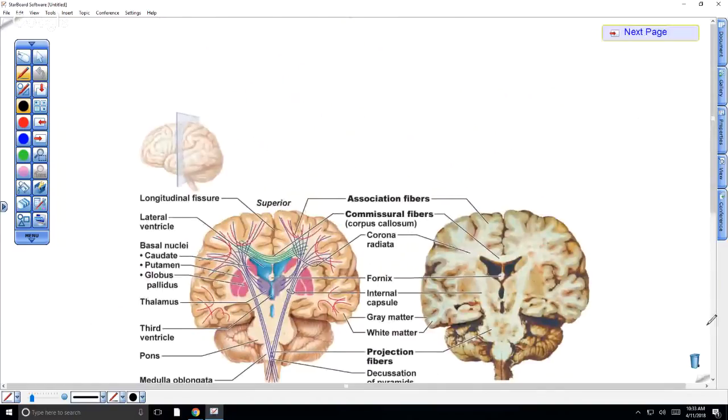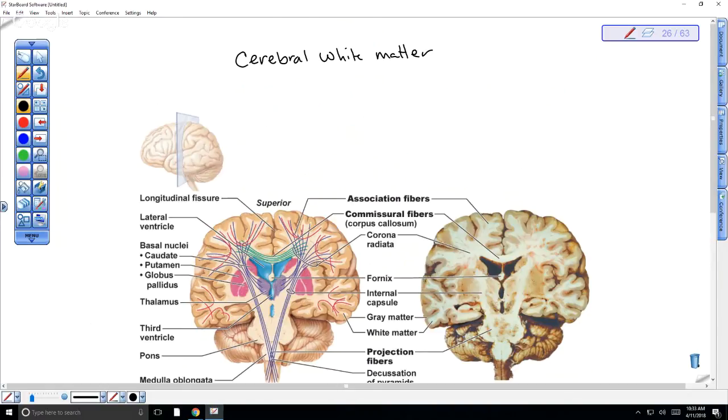So we not only have the cerebral cortex in the cerebrum as a whole, but we have what are called the cerebral white matter. So the white matter is, again, tracts or fibers.